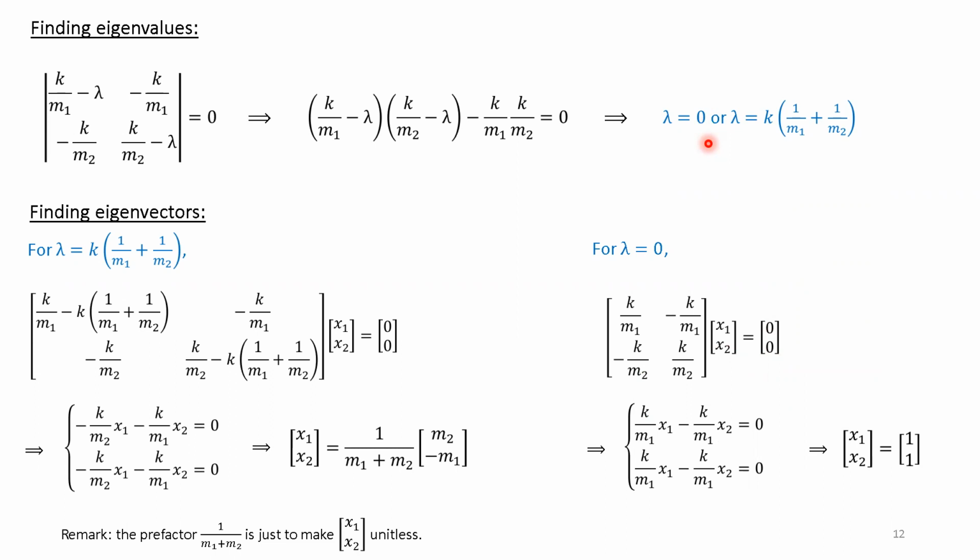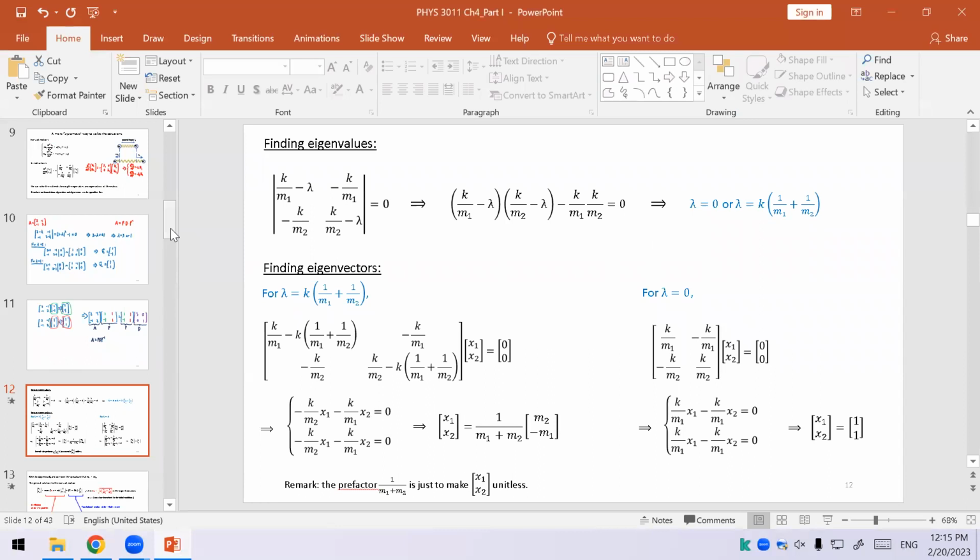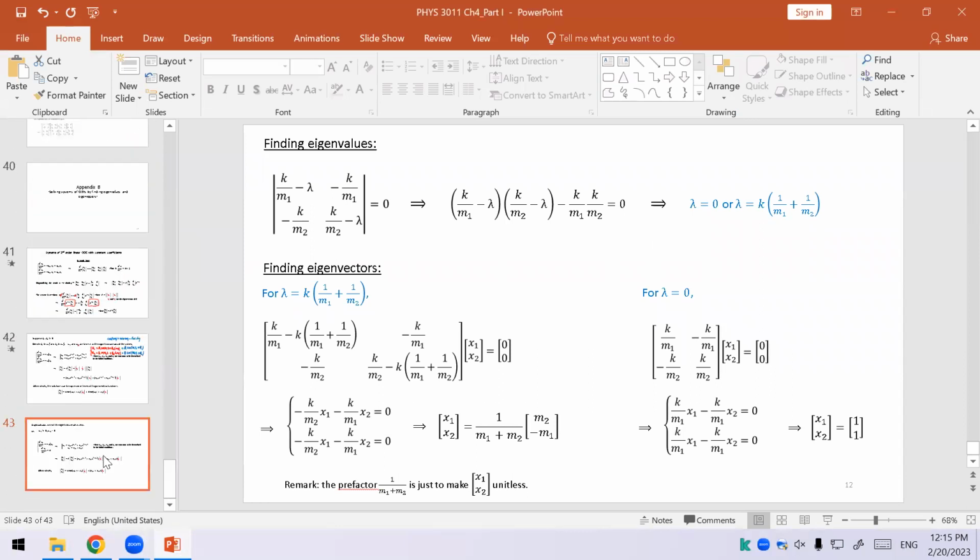Because if lambda equals 0, that means omega equals 0, so I have cosine 0. That's one thing to be careful about: if you have the eigenvalue to be 0, the solution will not be sine cosine anymore.